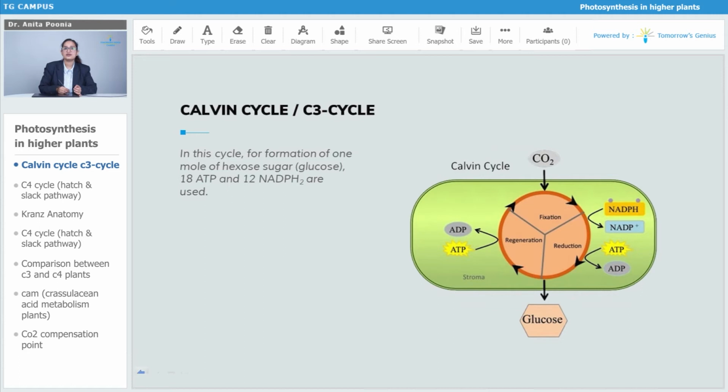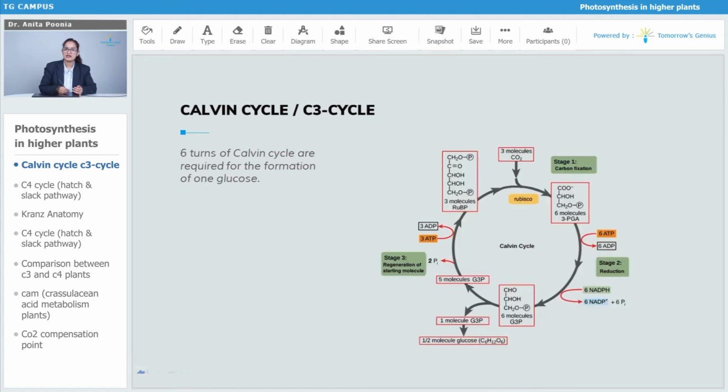Let us go over the stages very carefully here. Stage 1, carbon fixation. Stage 2, reduction. Stage 3, regeneration of the starting molecule.